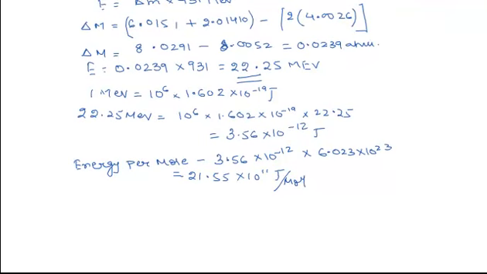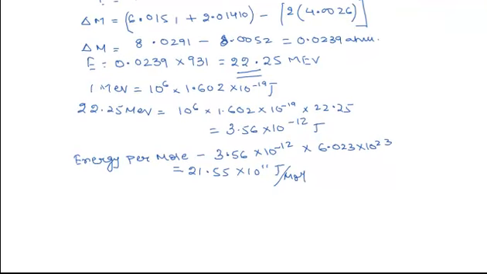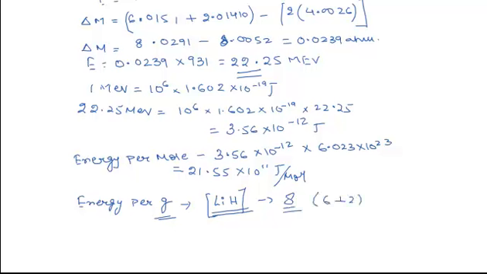Now we have got the energy in 1 mole. Fine? Now, what do we want? We want energy per gram. How will we find out? First of all, lithium hydride. How many grams of it are there? That is, what is the atomic weight of this? It is 8. 6 of lithium and 2 of hydrogen.